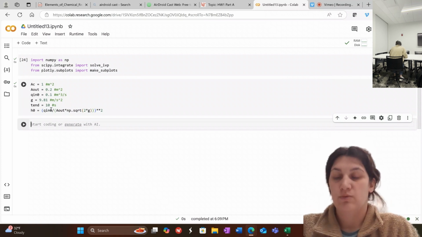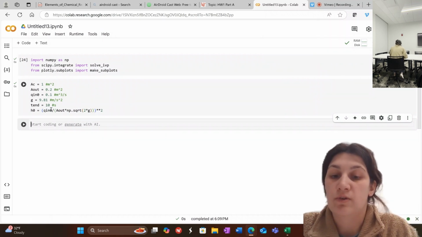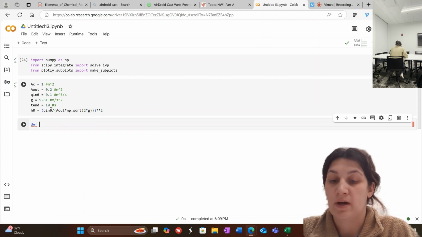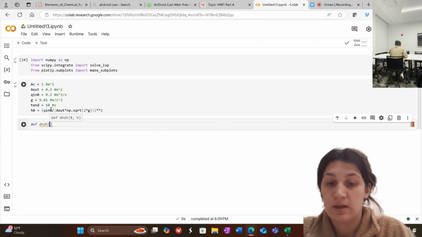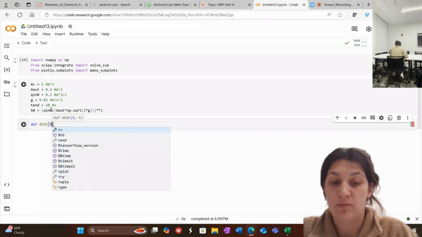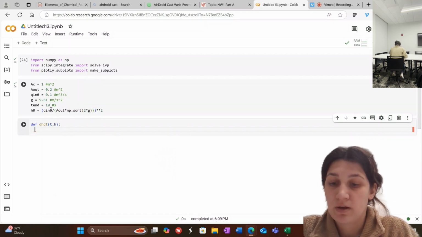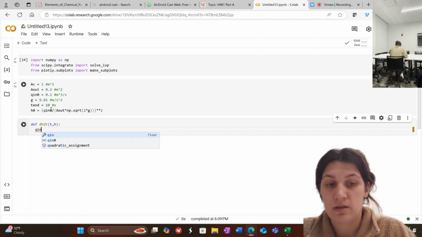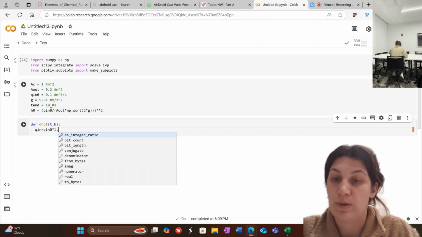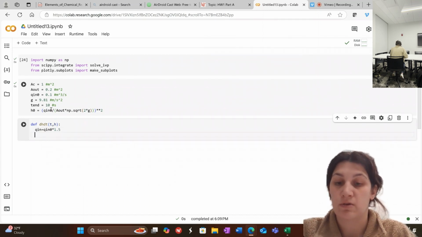And now we are going to make a function to solve our differential equation. So we're going to define it as dh/dt, and then we're going to put in the independent variable time, t, and the dependent variable h. We're going to set Q_in equal to Q_in_0 times 1.5 to show that 50% increase.